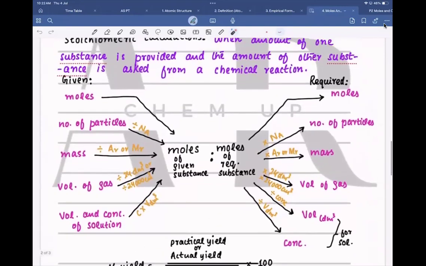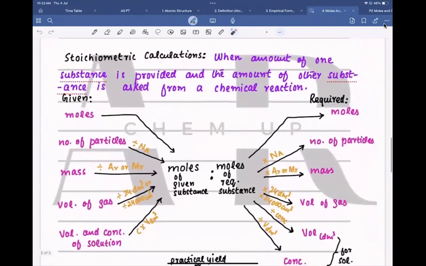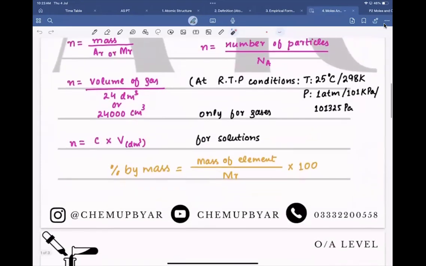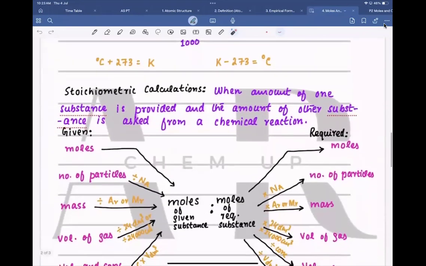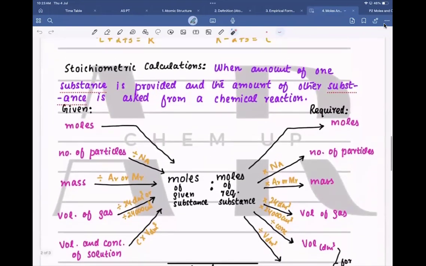Okay, now we have a new topic, which is basically the application of the previous mole conversion formulas, and it is called stoichiometric calculation. For example, we have this case: nitrogen is reacting with 3 moles of hydrogen and we are getting 2 moles of ammonia.